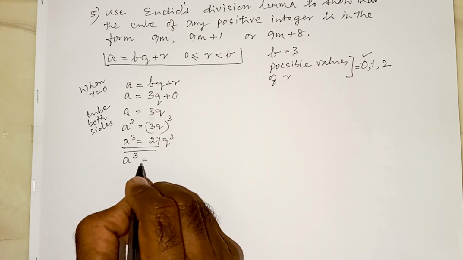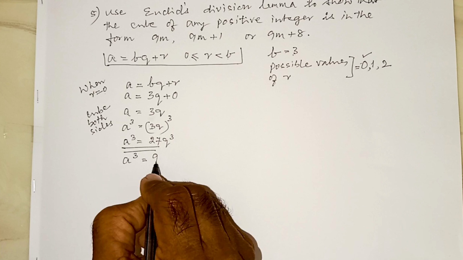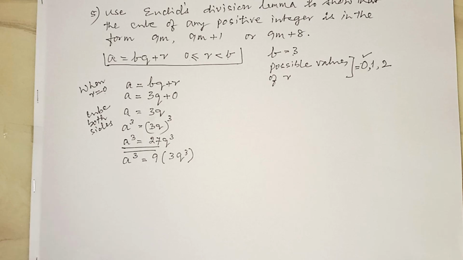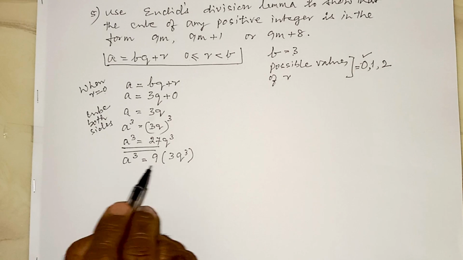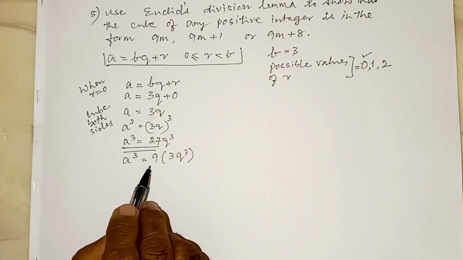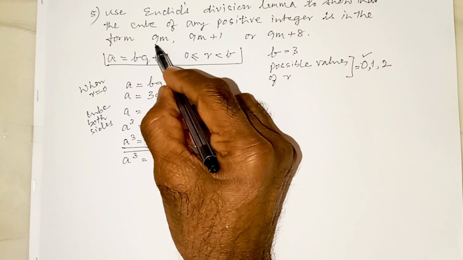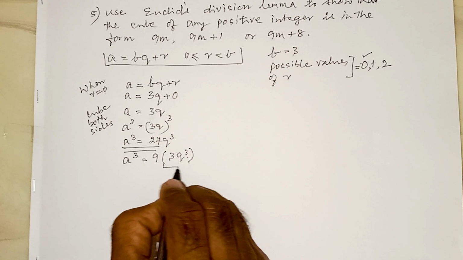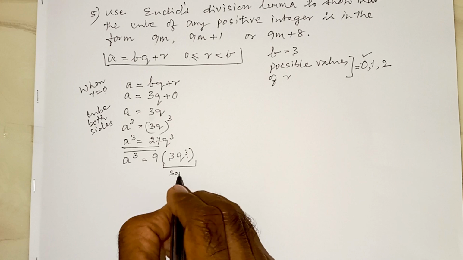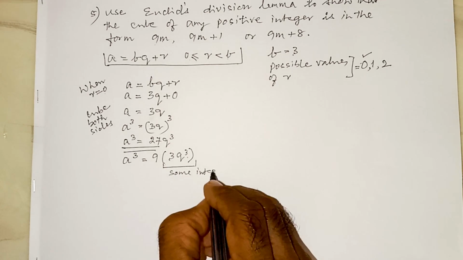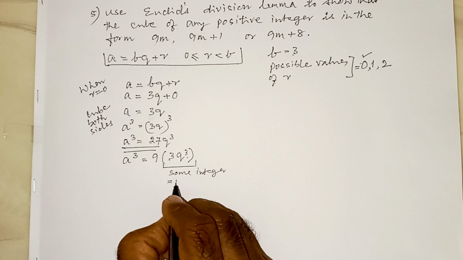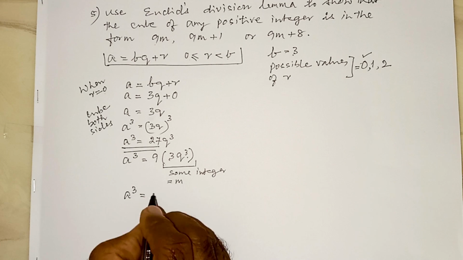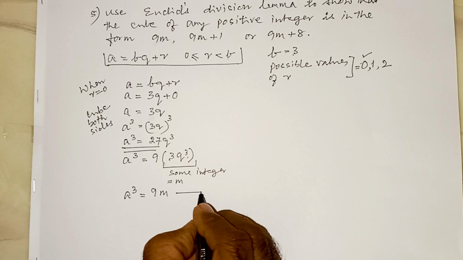A cube is equal to, we take out 9 and then put 3Q cube separately, so that we will be able to find the answer easily, because here we have to see 9m. Here 3Q cube is some integer which you can represent by the letter m. Therefore, this becomes A cube equals 9m. This is case 1.